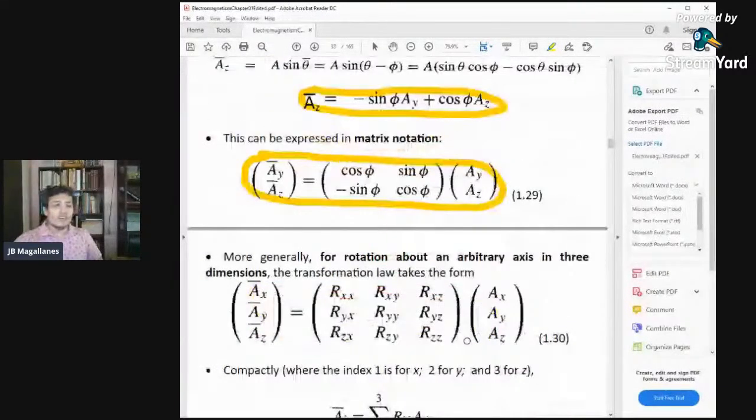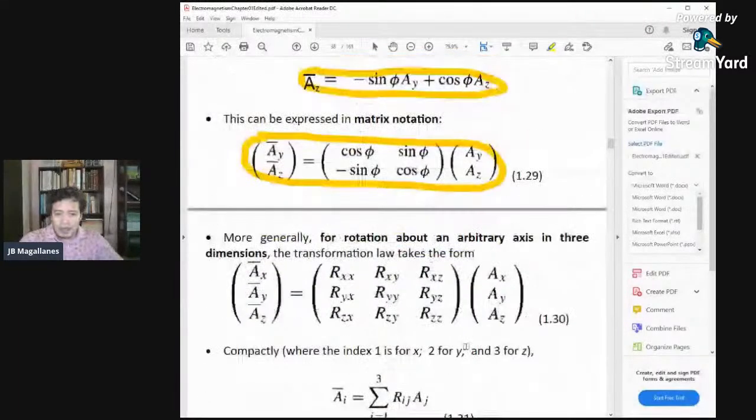In general, for 3 dimensions, you will have this matrix.